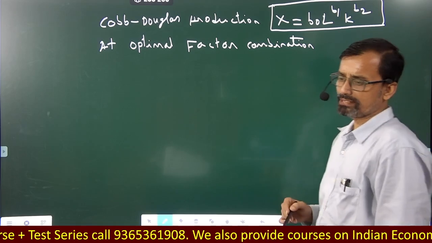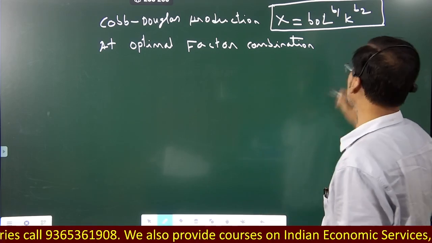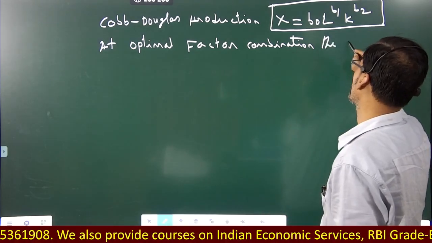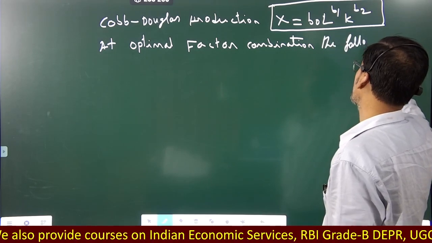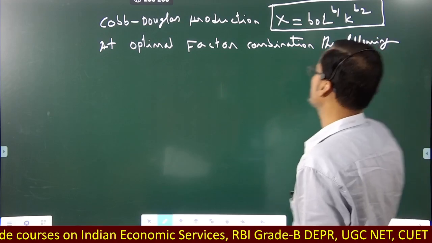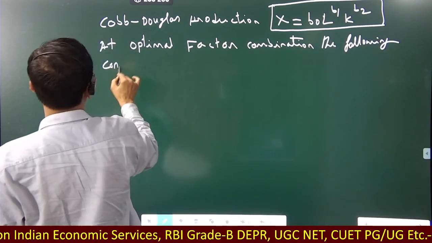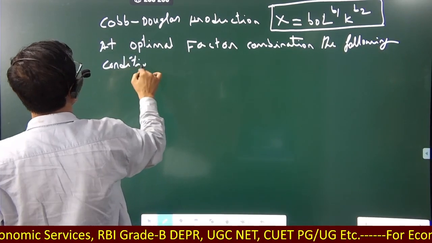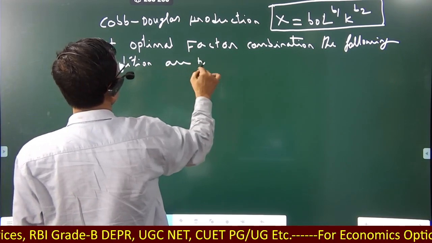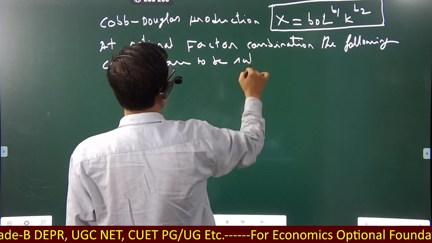For the Cobb-Douglas function, the following conditions are to be satisfied.